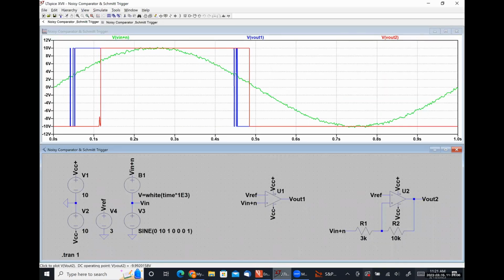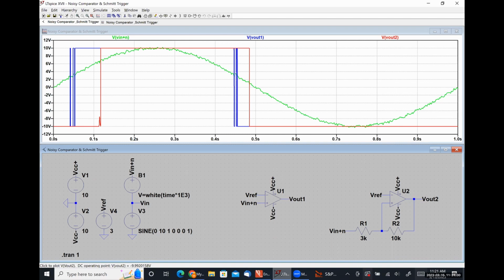Let's just double check, make sure everything seems legit here, right? So we can see that VCC plus is 10. You can see that VCC minus is 10 below 0 or negative 10. V reference is 3. R1 is 3 kilo ohms. R2 is 10 kilo ohms. Right.